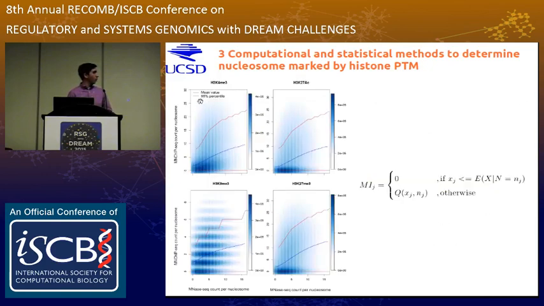So here we have, for all 4 histone marks, the distribution of the count of histone footprints on the y-axis against the count of MNase-seq footprints. And as you can see, the larger the number of MNase-seq reads, the larger the expected number of histone footprints. Therefore, for each one of these values, where the blue line corresponds to the expected value, we call enriched only those nucleosomes that are above the 95% quantile.